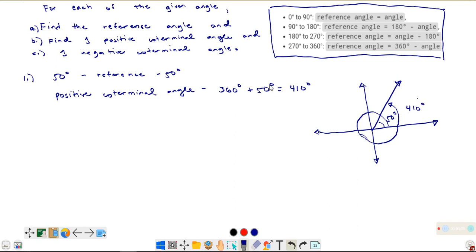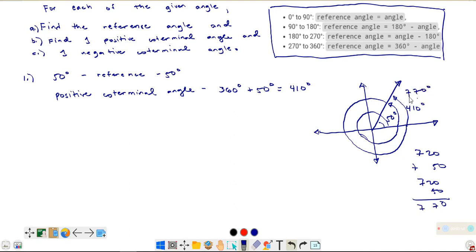This is the angle that is positive, coterminal with our given angle, 50 degrees. If you don't want 410 degrees, meron pang isa. Pwedeng gumawa ka ng isa pang revolution ulit. So, naka 720 ka na dito. I-add mo ulit si 50. And that is going to give you 720 plus 50, which is 770 degrees.